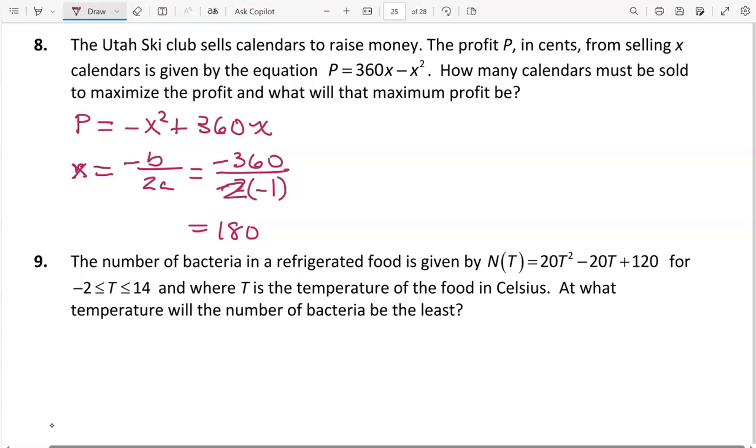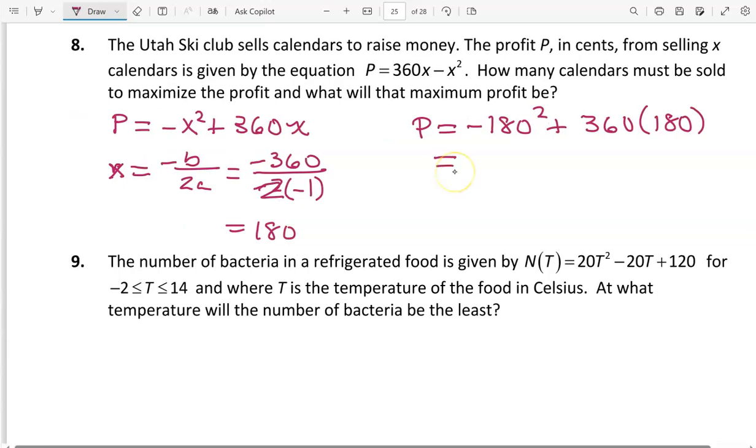Now the second question that was asked is, what will that maximum profit be? So we can find that by replacing x with 180. So negative 180 squared plus 360 times 180, and that value is 32,400.